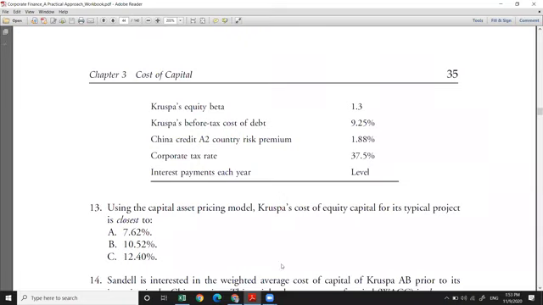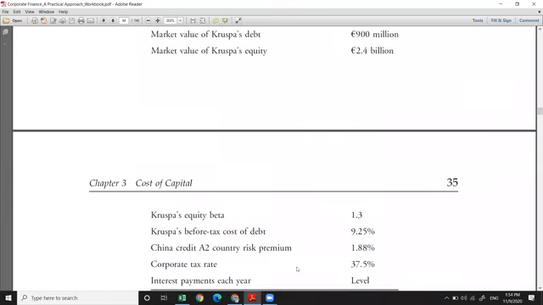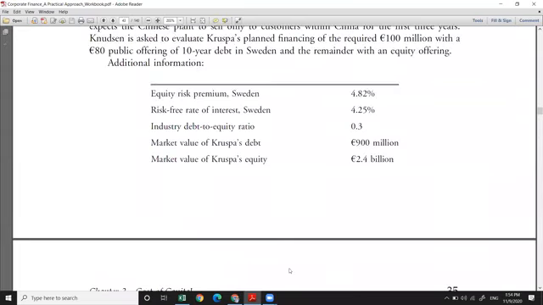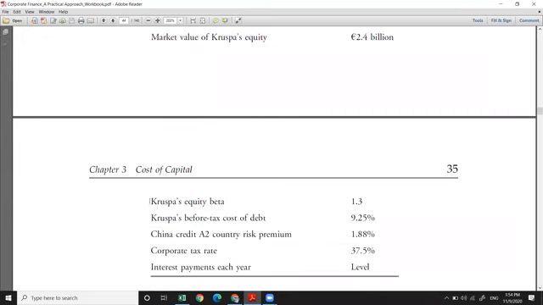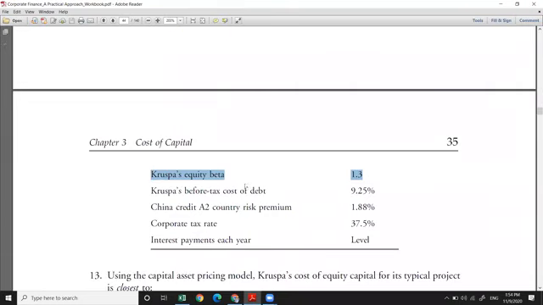It's just straightforward. You get the numbers from here, like the risk-free rate. Then you use the beta. Where is our beta? Here, 1.3. And the market premium, interest payment by year, corporate tax rate, country risk premium.